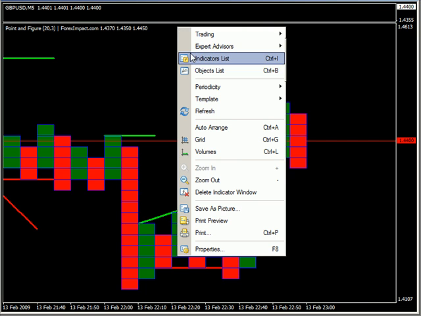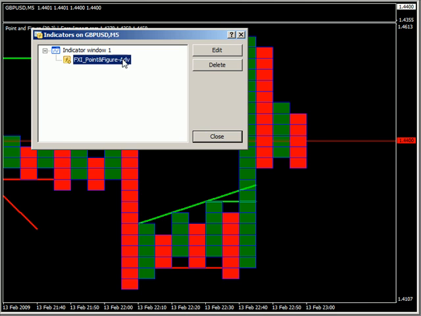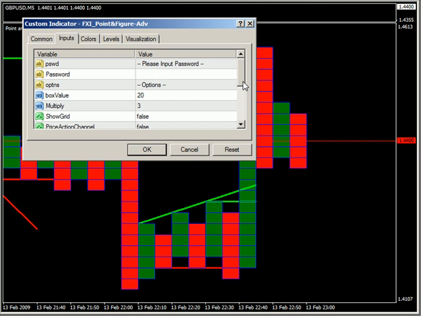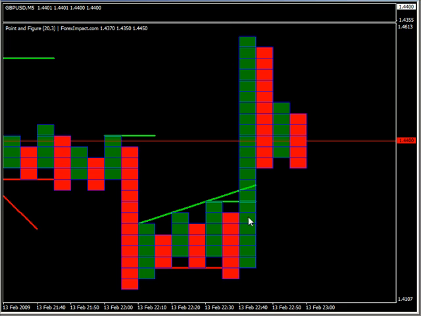So our Forex Point Figure Pro has a lot of options. It's very easy to use. When these lines are broken in real time, you actually get a green arrow for a buy. You would get a red arrow for a sell to indicate that. You get an alert as well.